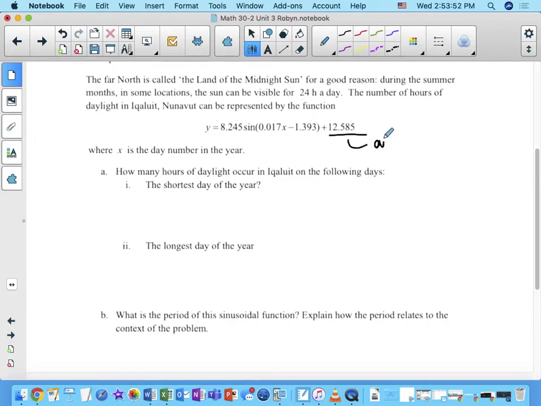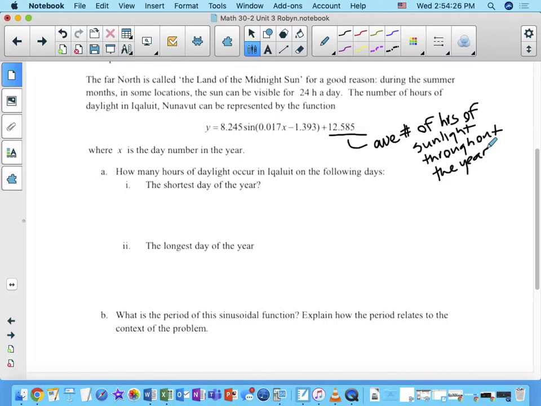This is the average number of hours of sunlight throughout the year. Okay? 8.245. What is that on the graph? The amplitude. What does that tell us in the context?